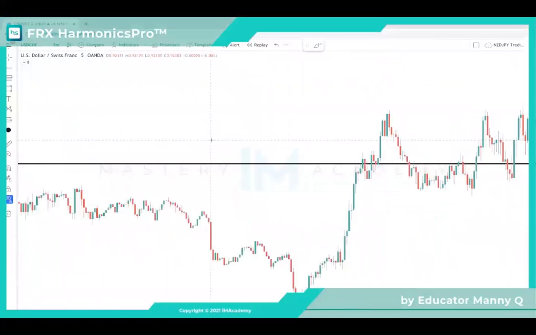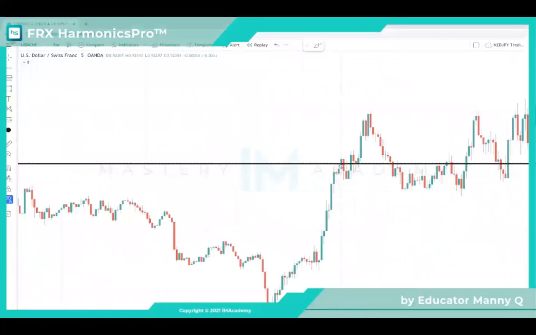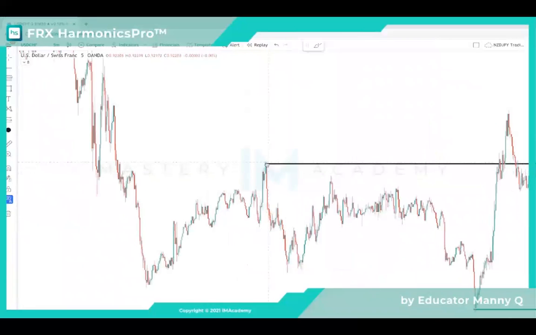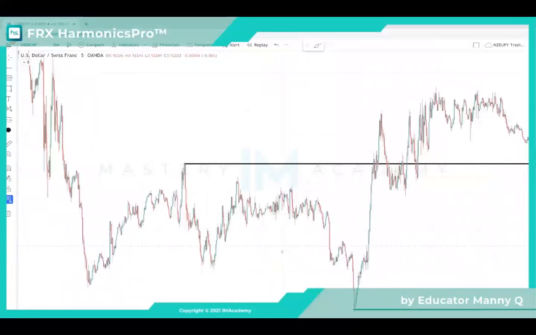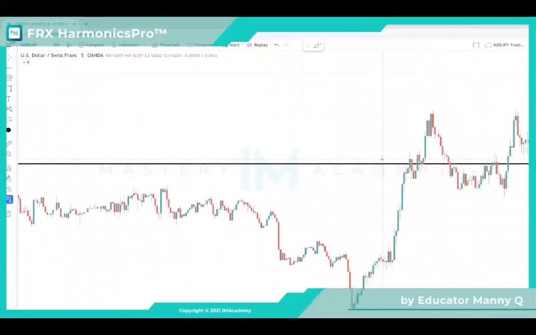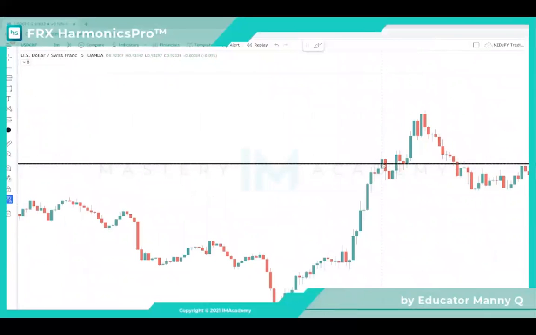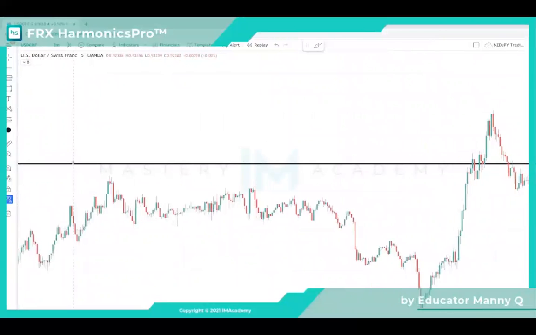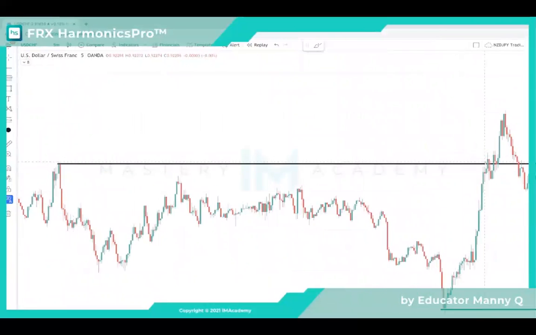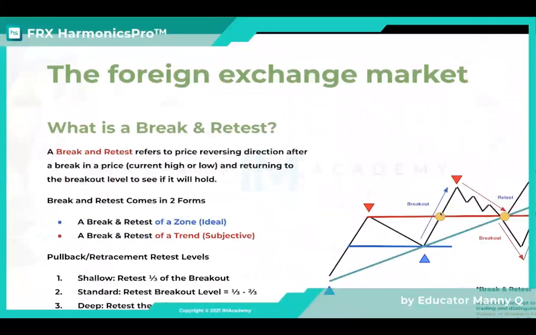What we're looking for is price to break above. Remember, this is the high and that's the low. So in order for price to break out of this range and signify where it's going to go next, we need price to break above and close above that price level to signify that there is a break in this range, right? Which is what we see here.